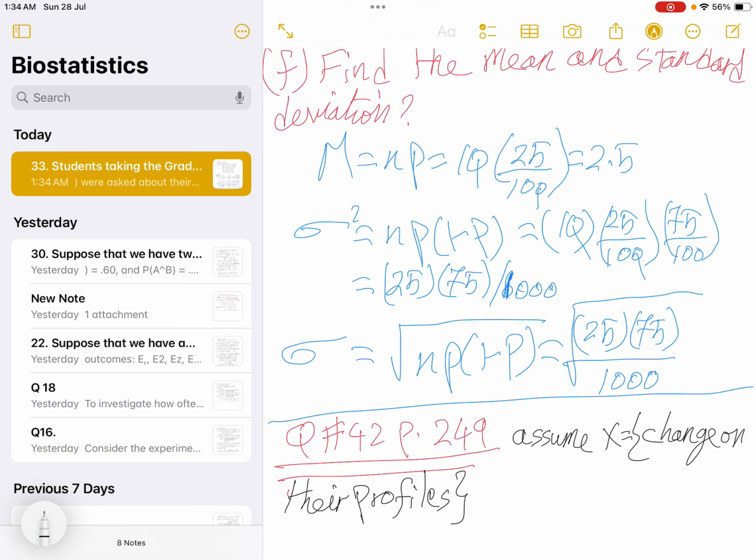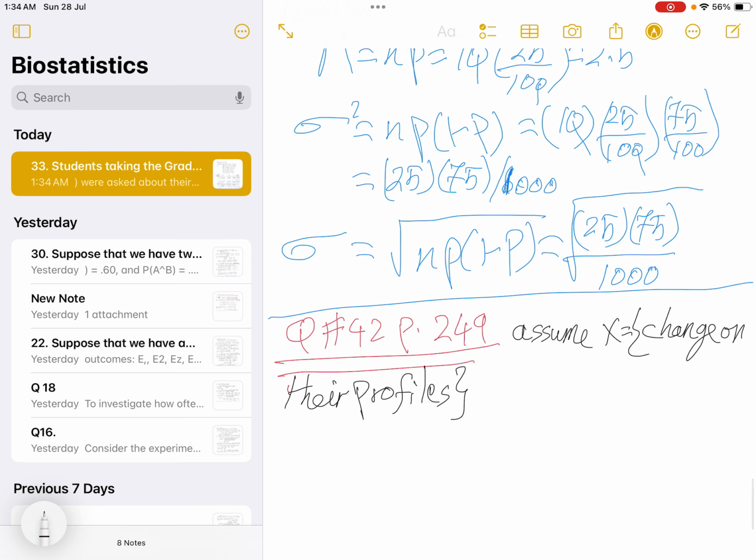You can take it from the question, not to discover it. X, which is a random variable, has binomial n; p, which is binomial 20 and 25%.